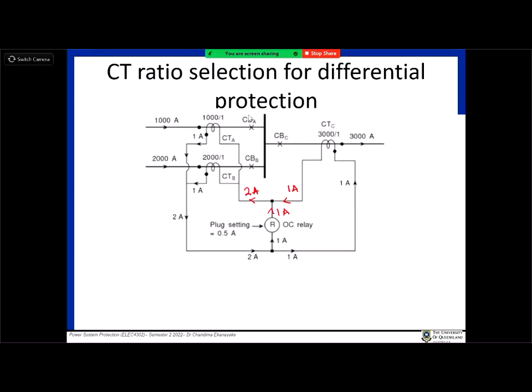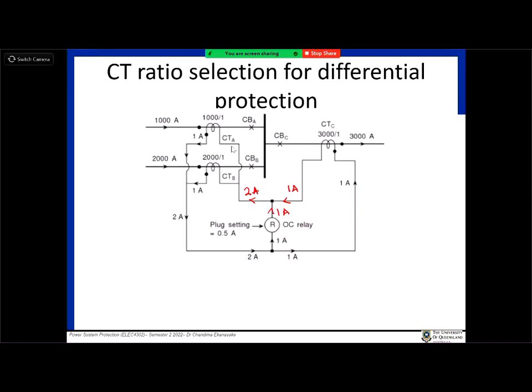Now, how do we select the CT ratios? That is another important thing for these. Typically what we do is look at the line current ratings. Say these are 1000, 2000 and 3000. Then I can use 1000 to 1, 2000 to 1, 3000 to 1. Now what happens?